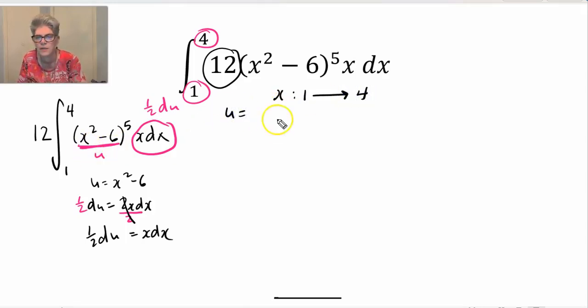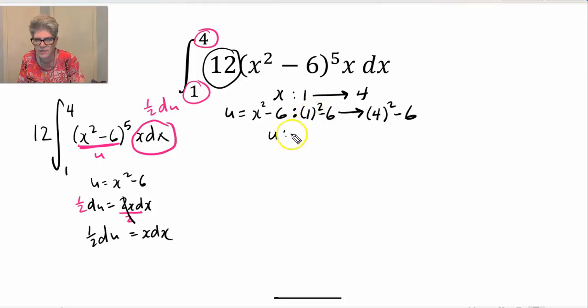Well, we said u is equal to x squared minus 6. And so the limits are going to be 1 squared minus 6 up to 4 squared minus 6. And so 1 squared is 1, 1 minus 6 is negative 5. And 4 squared is 16, and 16 minus 6 is 10.